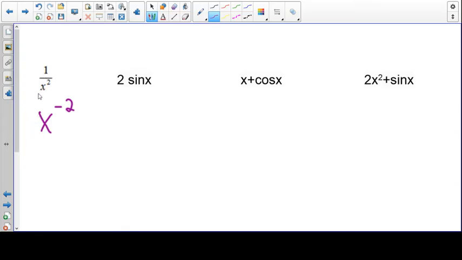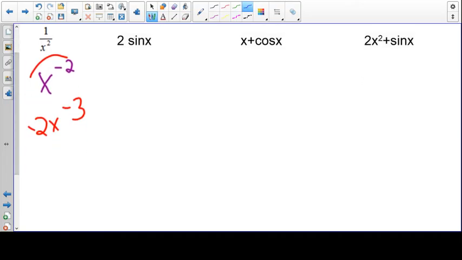So if it was a 2, then I'd have 2x to the negative second. Because again, only the x is in the denominator. So I'm going to bring that down. So I have negative 2x to the negative third, because negative 2 minus 1 gives me negative 3. I don't like negative exponents, so I have negative 2 over x cubed.